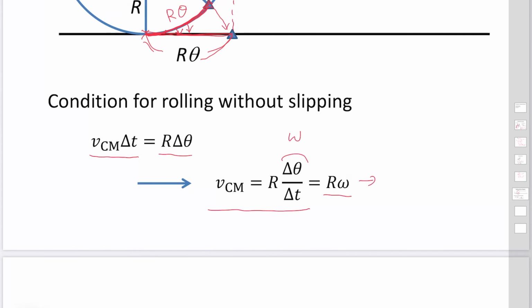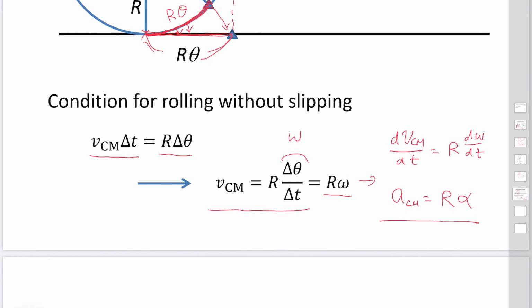So from this equation, if you take a derivative on both sides, it becomes dv cm over dt equal to r, which is constant, times d omega dt. So the left hand side is the acceleration of the center of mass, a sub cm, equal to r times the angular acceleration alpha.